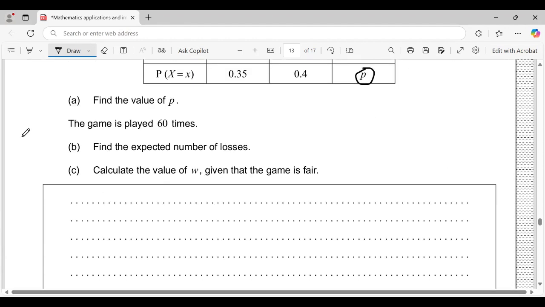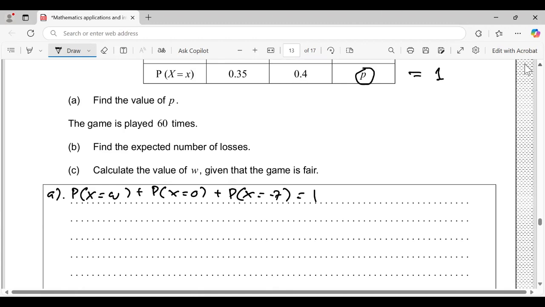The sum of the probabilities in any probability distribution must equal 1. So we can write probability X equal W plus probability X equals 0 plus probability X equal -7 equals 1.